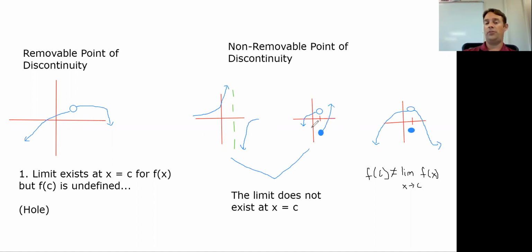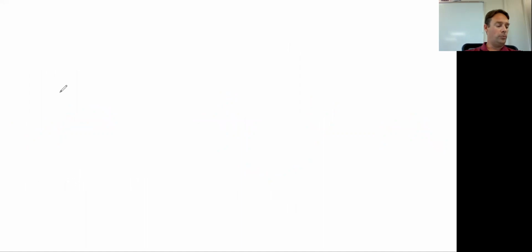That means the limit does not exist in both cases. Or if the limit and the function value aren't equal, then it's also non-removable. So we have our different types of discontinuity. And as you guys are going through here, you're going to have to deal with the various types of discontinuity. So let's take a look, to see if we can't figure it out here.